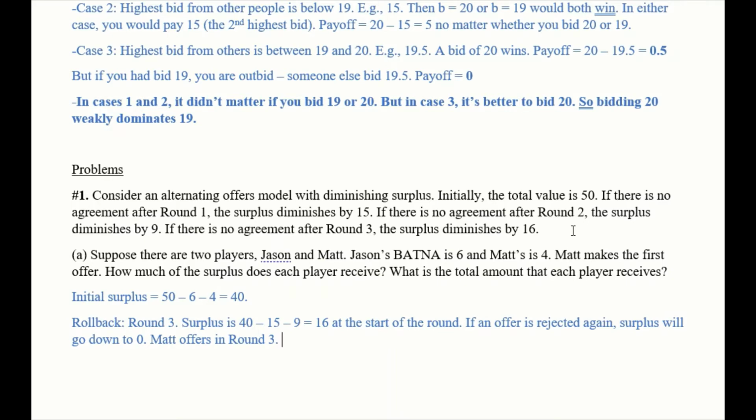So that means that Jason will get 0 if he says no. So I can offer Jason 0, and he has no reason to reject me. So if Jason gets 0, that means there's 16 left over for me. This is of the surplus.